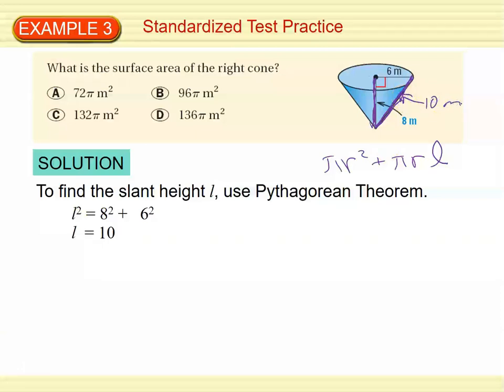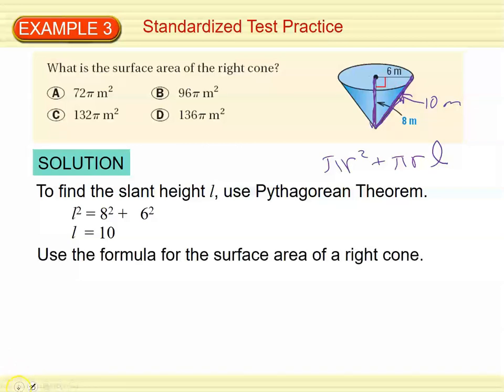So now that we know the lateral height is 10 meters, we can just go ahead and plug numbers into the formula. So we have pi times the radius, which is 6, squared, plus pi times the radius, which is 6, times the lateral height, which is 10. So 6 squared is 36. 6 times 10 is 60.